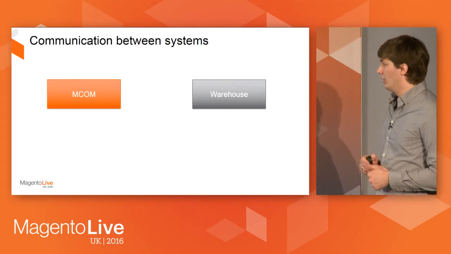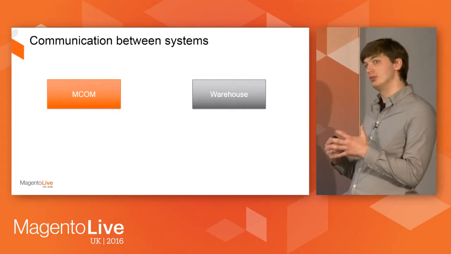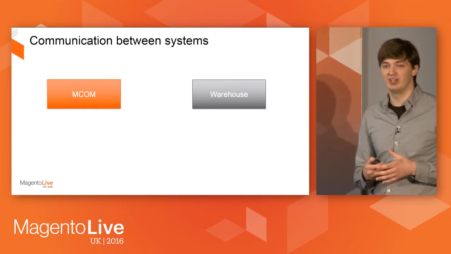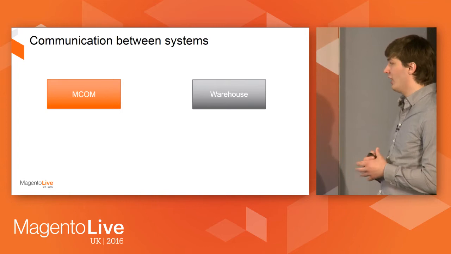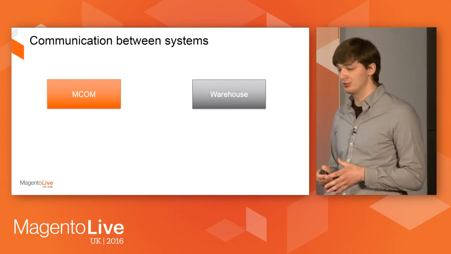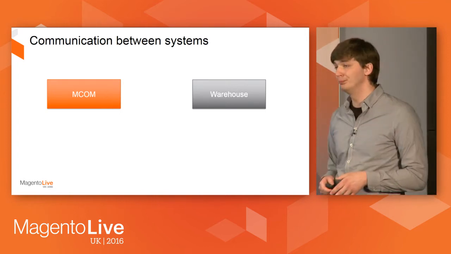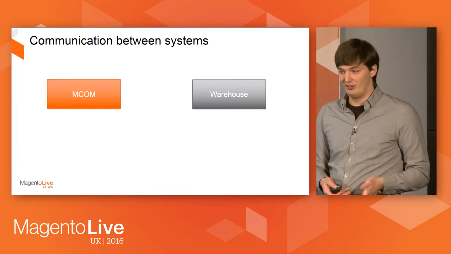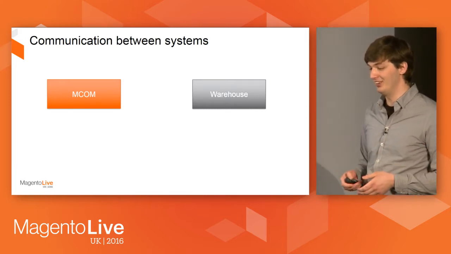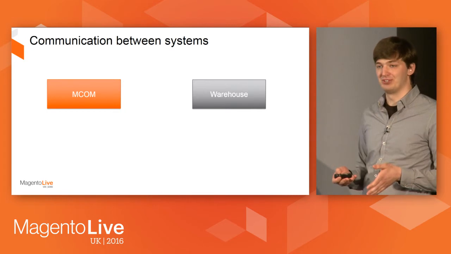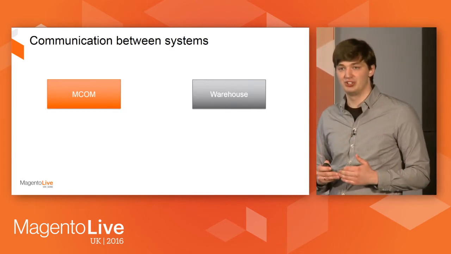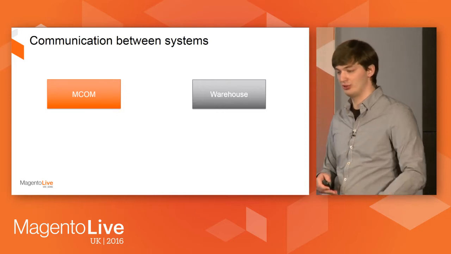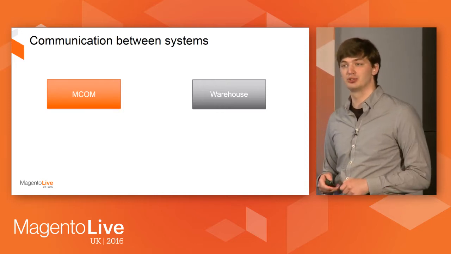So let me try to show you an example of how commands, events, and queries work together to build integration. Let's say we have a warehouse management system, we have MCOM, and this scenario that I've been talking through already for a while, we want to ship something, right? So at some point, MCOM makes a decision: okay, all good, stock is allocated, it's time to ship something.